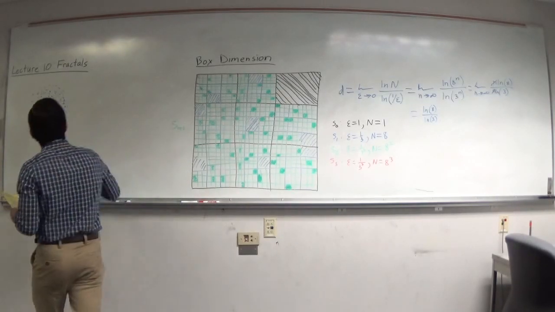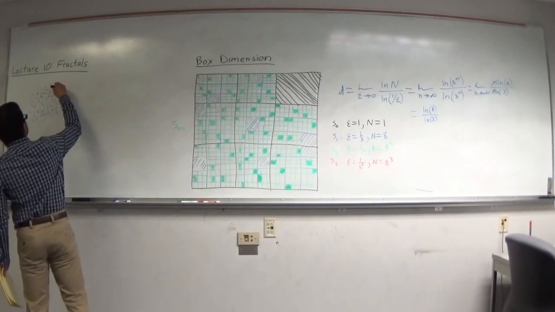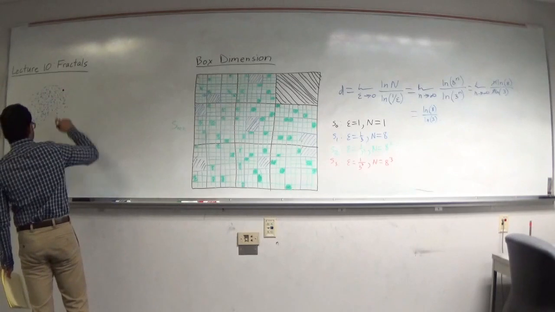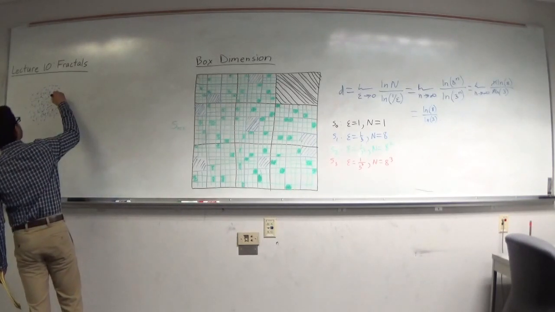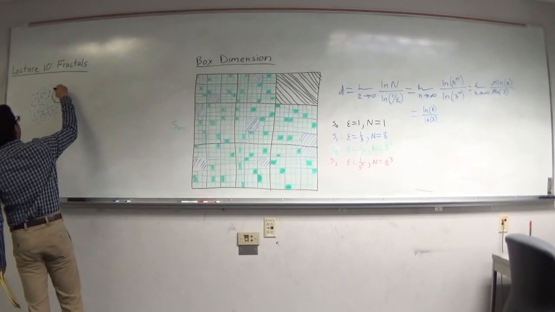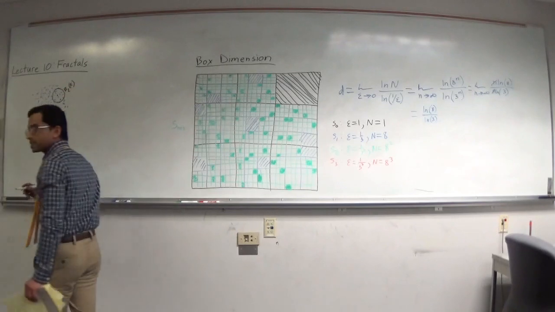So let's take an x here, inside the structure, and take a ball of radius epsilon about that x.